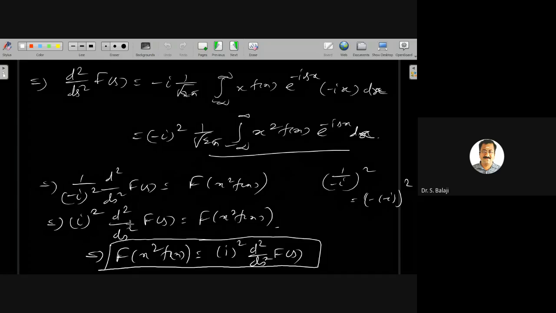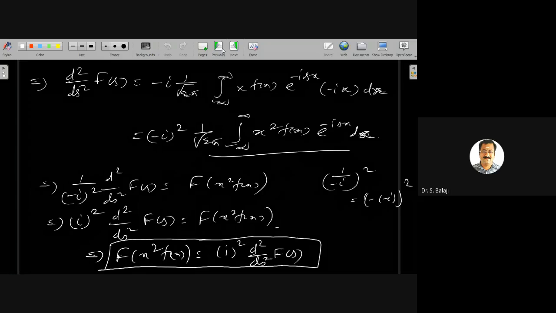So i square d square by ds square of f of s. The left side is as usual the Fourier transform of x square f of x. Therefore, the Fourier transform of x square f of x equals i square d square by ds square of f of s.